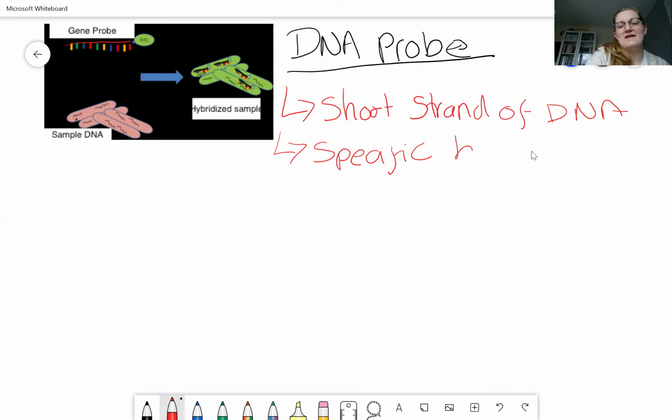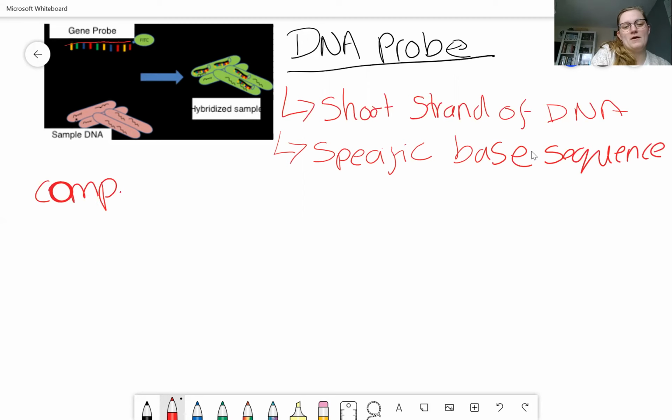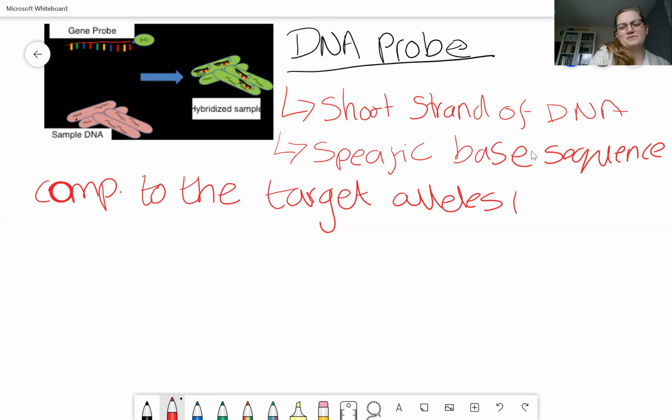So it's got a specific base sequence, which is complementary, so I'm just going to write comp, to the target allele's base sequence. That's our DNA probe there.